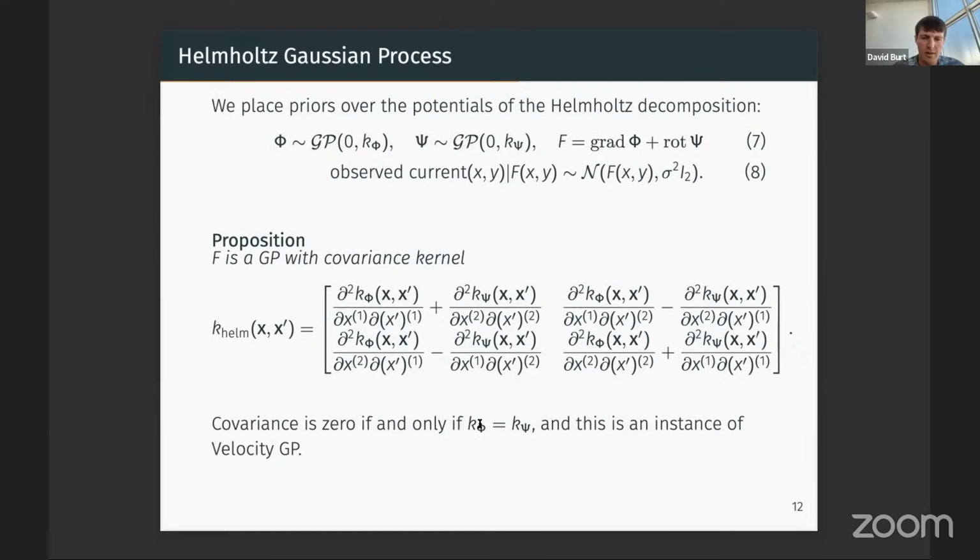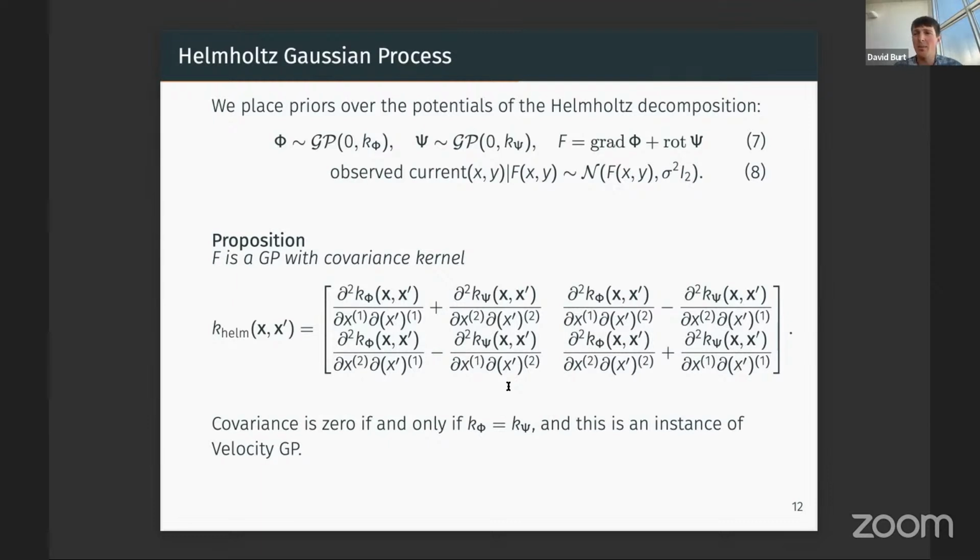One thing to note is if you have k phi equals k psi, then these off-diagonal terms end up being 0. And you actually get an instance of the velocity GP, but with derivative kernels. So this case maybe isn't so interesting.